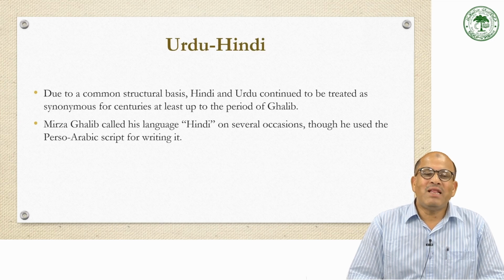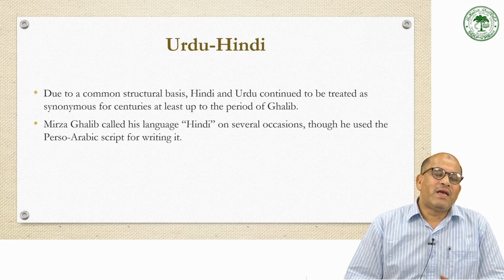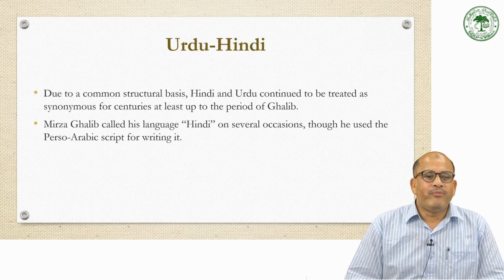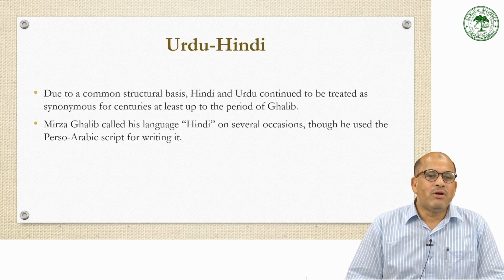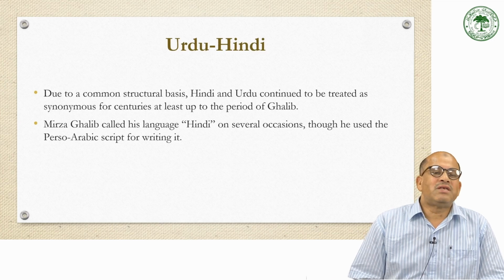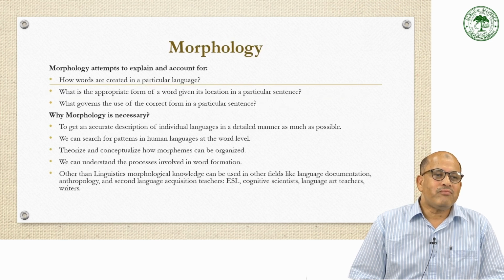So it has been well said that Hindi and Urdu were considered similar up to the era of Ghalib. Mirza Ghalib always called his language Hindi. On several occasions, though he used the Perso-Arabic script for writing it, he always referred to his language as Hindi.